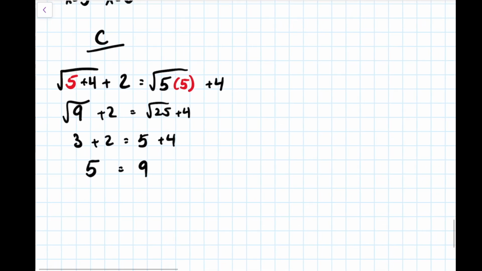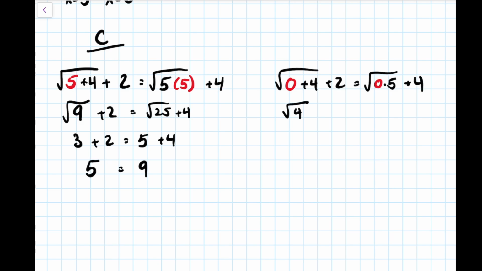If we try the other one, plug in some zeros, we get 0 plus 4 plus 2, and the square root of 0 times 5 plus 4. Well, 0 plus 4 is 4.